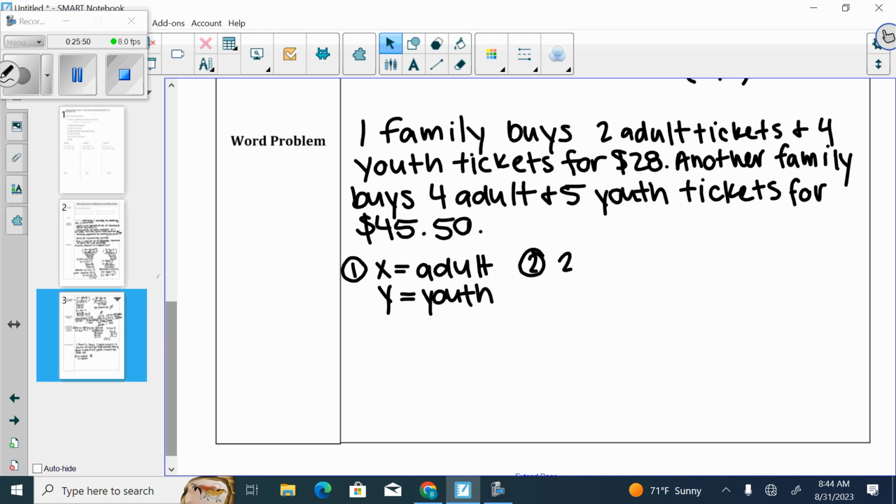Good. 2x plus 4y is the tickets they bought, and those tickets cost that family how much? 28 equals that $28. Okay, now we just need a second equation. We can use the second family's purchase to come up with that one. What would that equation be? Very good.